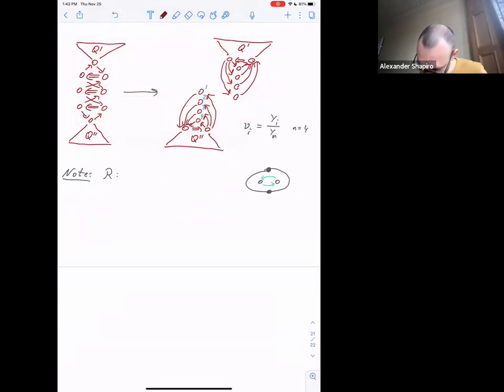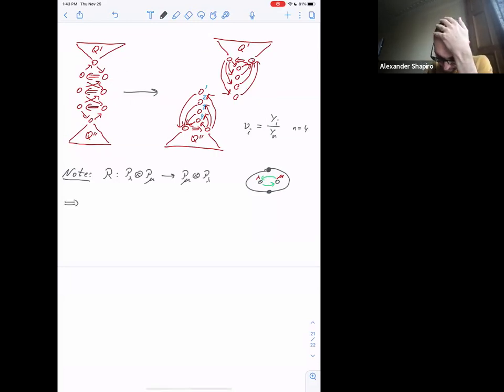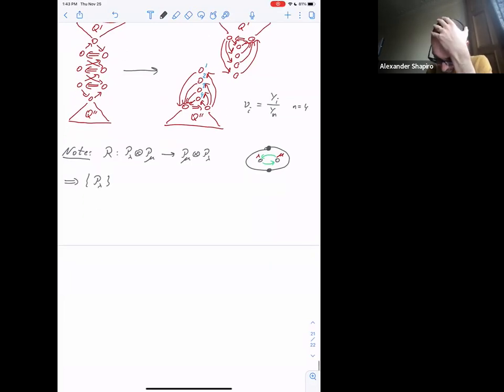If we now think of how it acts on representations, it really just swaps the two representations. So what our R matrix does is take p lambda tensor p mu and map them to p mu tensor p lambda. And therefore, this family p lambda wants to be a braided monoidal category.